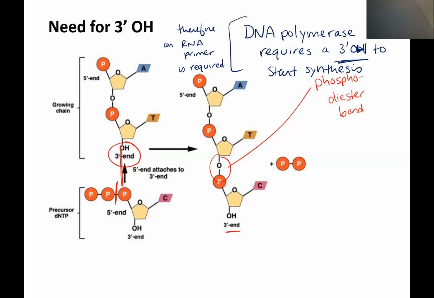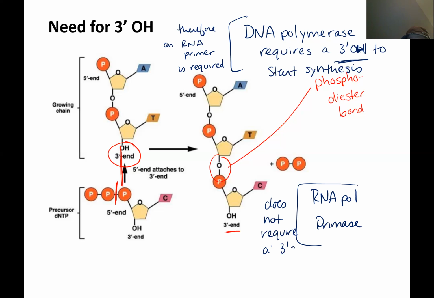RNA polymerase, which is important in transcription, and primase, important in DNA replication, does not require a 3' OH to start. So we have a 3' hydroxyl always required to add the next nucleotide, but DNA polymerase needs one right there to start, whereas RNA polymerase can just find a strand of DNA and start copying anywhere.